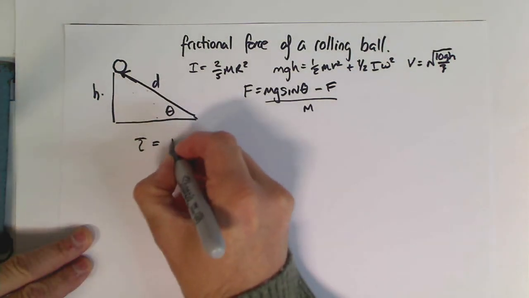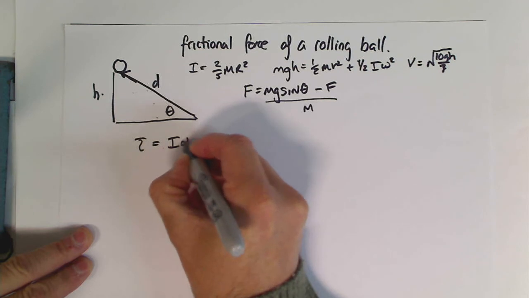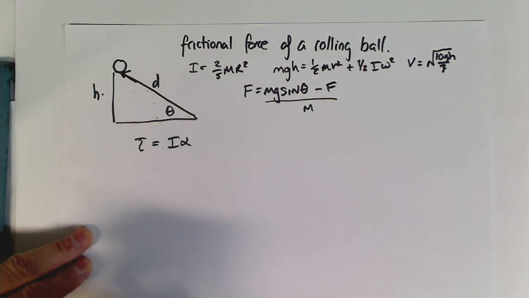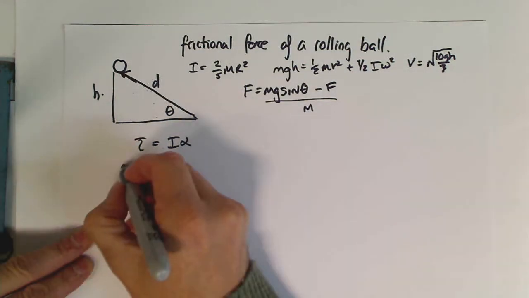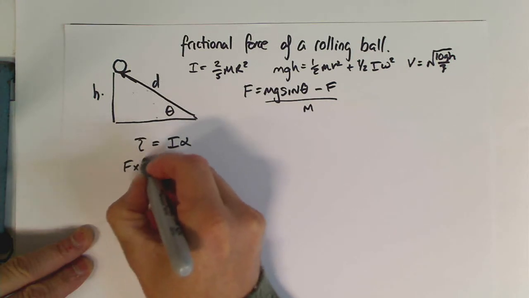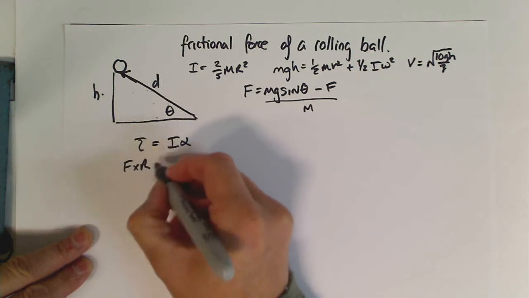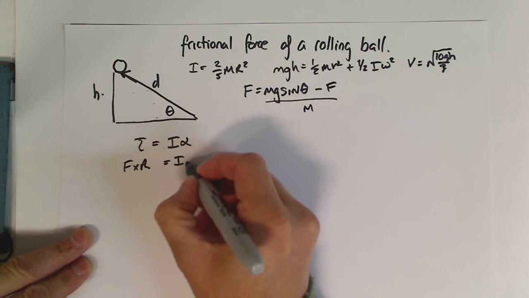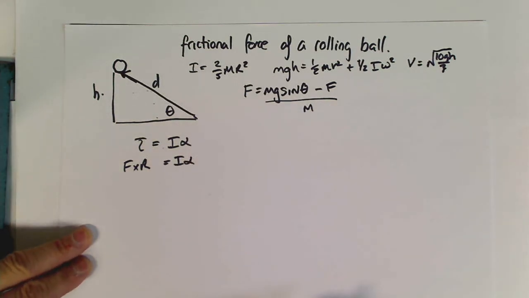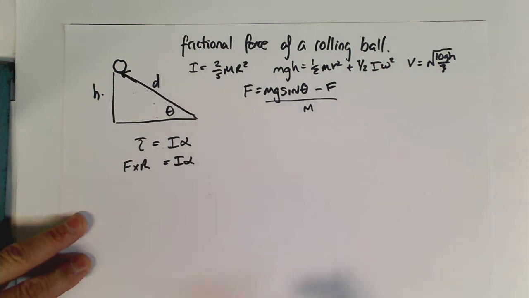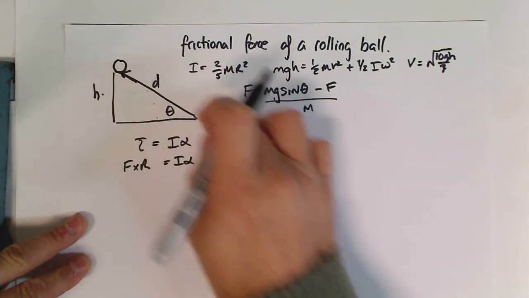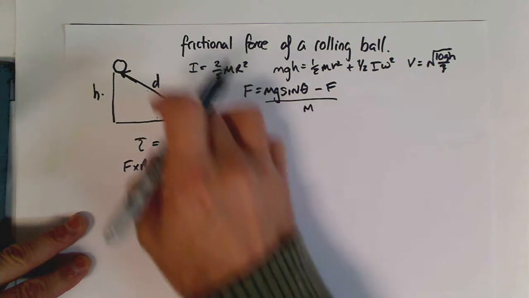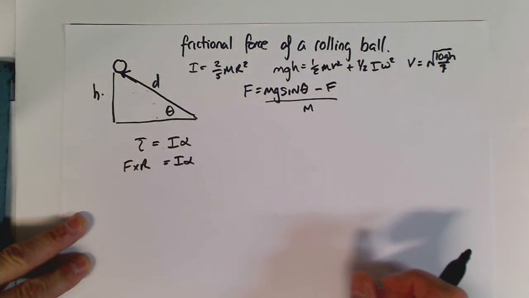Torque is equal to rotational inertia times angular acceleration. In this case the torque is going to be the friction times the radius is equal to rotational inertia times angular acceleration. A few other little things that are going to help us along the way. D times the sine of theta equals h.